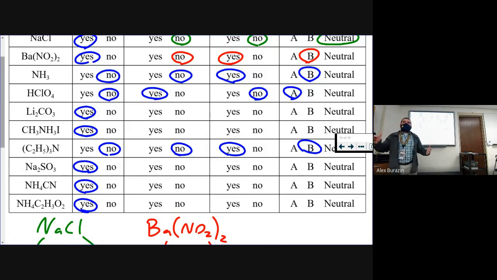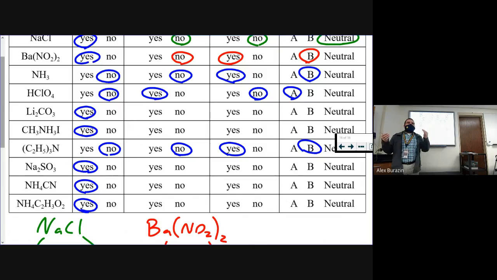Let me recap, because I can start losing you really quickly with this concept, right? It gets confusing. Barium came from barium hydroxide. Barium hydroxide is a strong base. Nitrite came from nitrous acid. That's a weak acid. Okay?